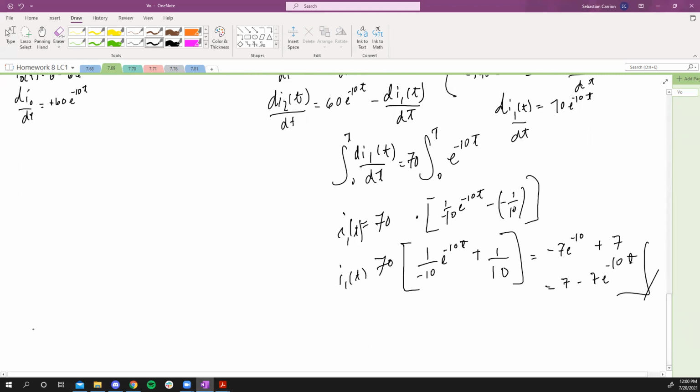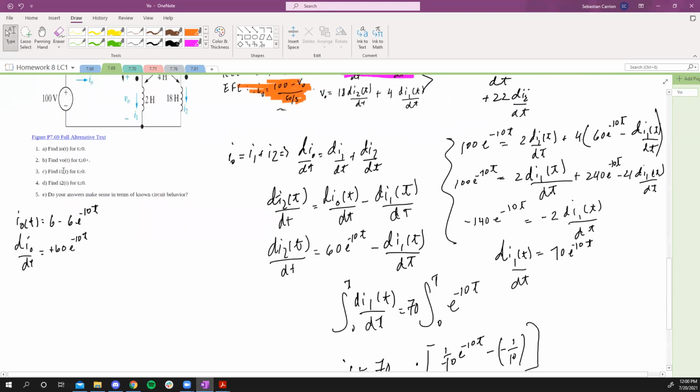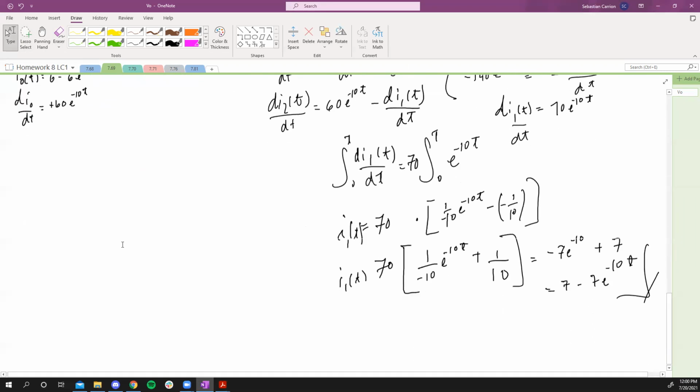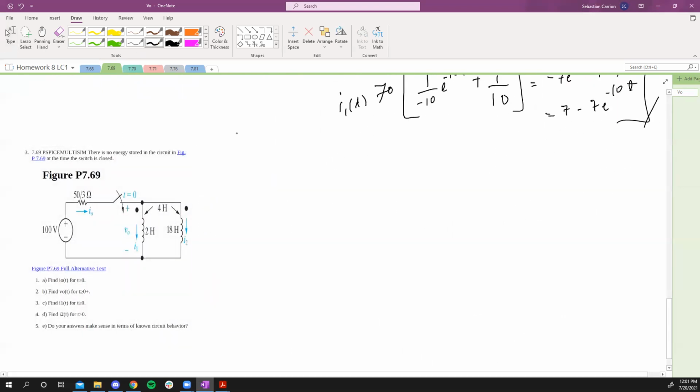And then our second part: we can either do the same thing or use a KCL, right? So I naught is equal to I1 plus I2, so I2 is equal to I naught minus I1.